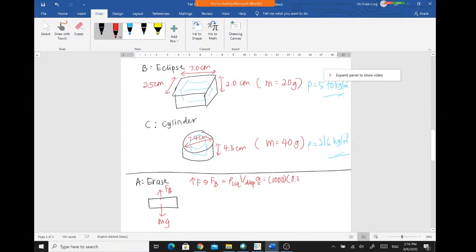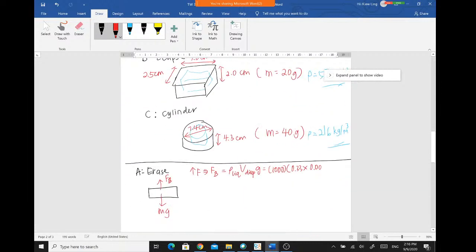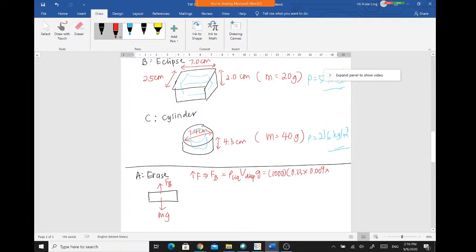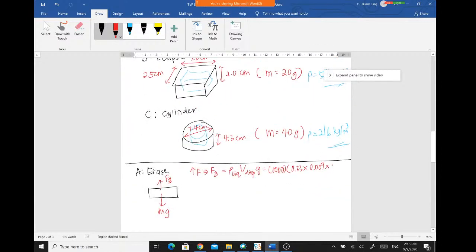So 0.33 times 0.009 times 0.015, times gravity acceleration. So your upward force is 0.436 Newton.